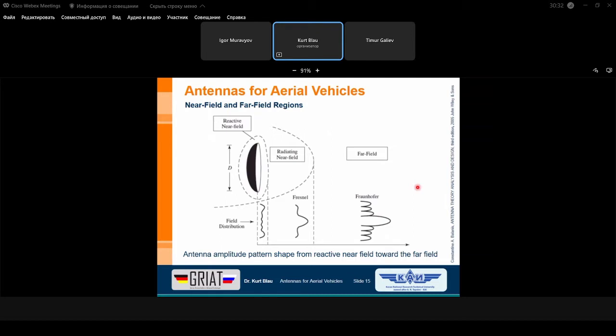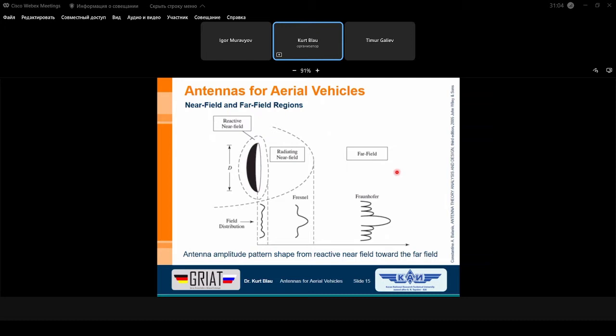Especially in the case of, for instance, such a dish antenna, which you know as a receiving antenna for satellite signals for TV reception, it's clear that if this dimension is, let's say, about 1 meter, then the distance for measuring the far field is not only a half meter. Regarding a wavelength of, for instance, 30 millimeters, that is 10 gigahertz.